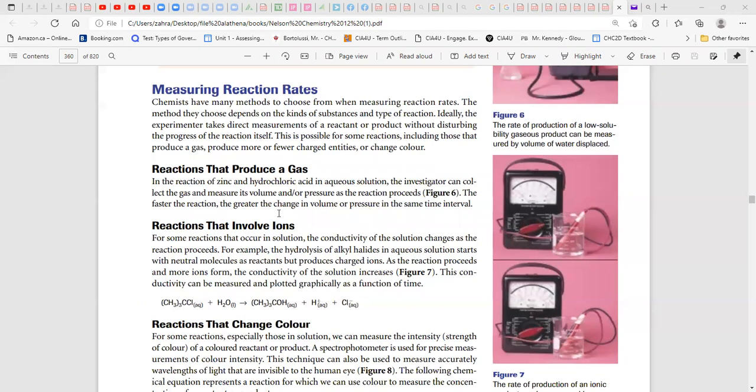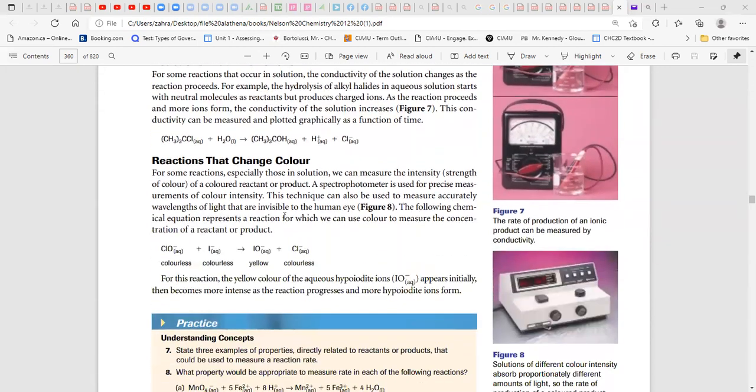So a greater change in volume and pressure in the same time interval will tell you the reaction rate is faster. For reactions that involve ions, we have a device that can measure the conductivity. If the conductivity is higher, it means the reaction is producing more ions, so it's faster. For reactions that change color, you can use a spectrometer to see how fast the color change is happening.